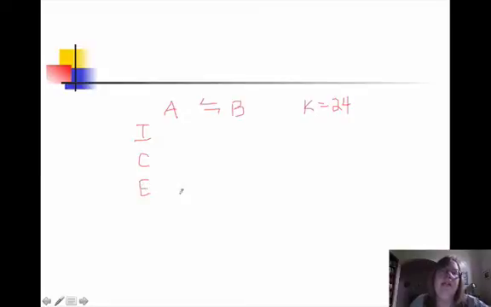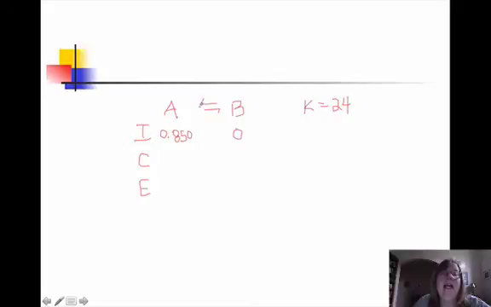So take a minute and write that down. Initial, change, equilibrium. They give us the initial concentration of A, and we want our concentrations to be molar, and it was 0.850 molar. They don't tell us anything about the initial concentration of B, and so that means that it's 0.